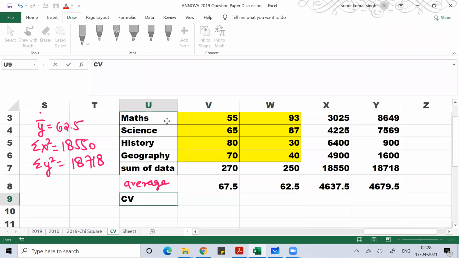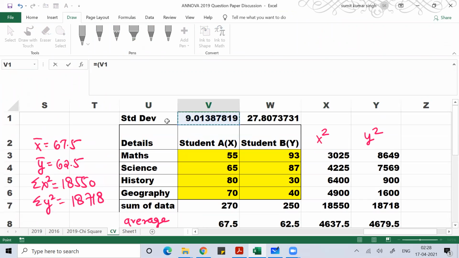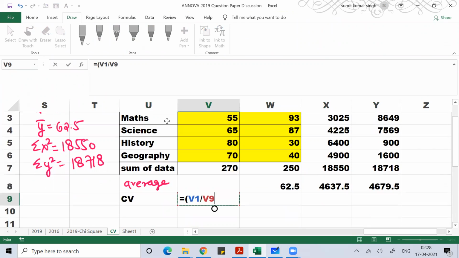You can find the coefficient of variation. What is coefficient of variation? That is standard deviation divided by the mean.